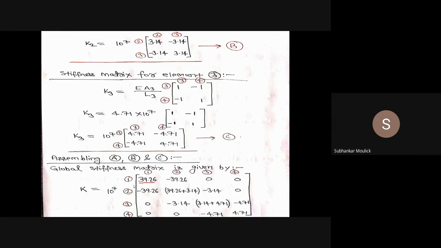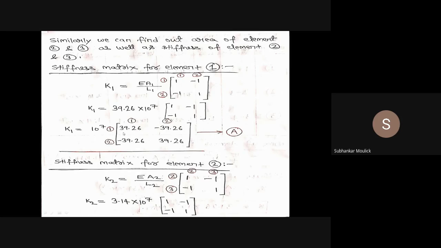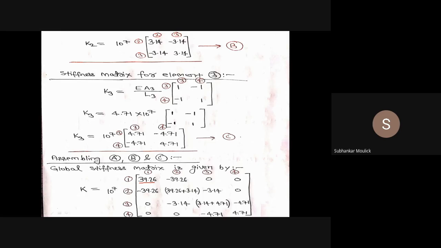I want to write now this particular value, which is first row and second column. So from the elemental stiffness matrices, let us find the value of first row and second column. From equation number A, first row and second column is minus 39.26. From equation number B, I won't take it because there is a second column but no first row.